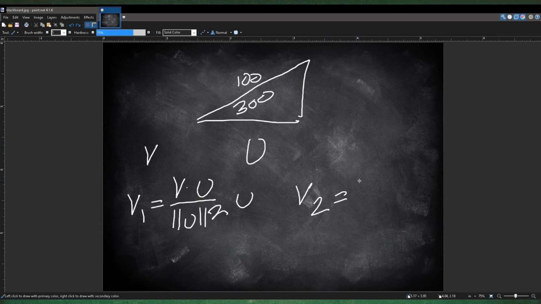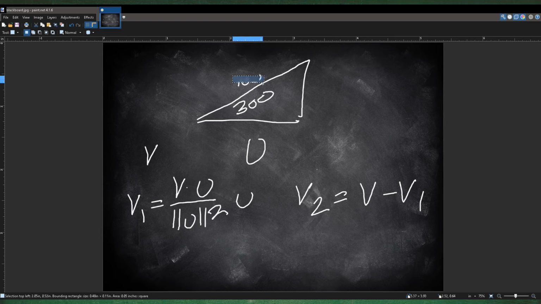Sorry, oops, v minus v1. Sorry about this, I'm trying to delete it. I just don't like using the eraser. Okay, good enough. We have something that's 100 pounds.